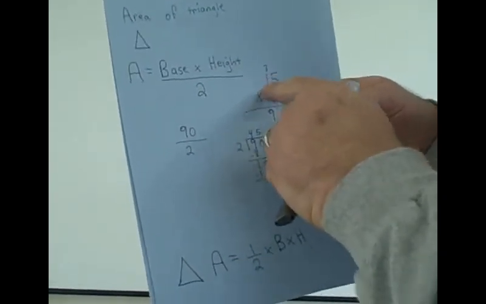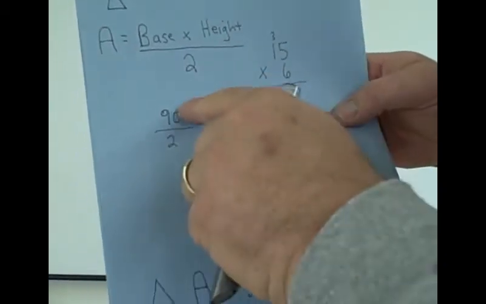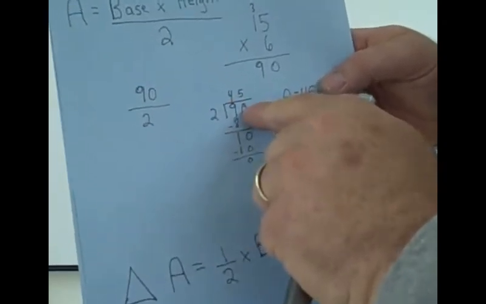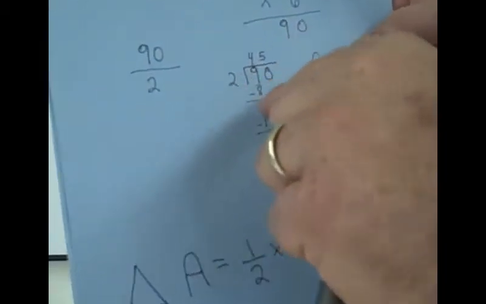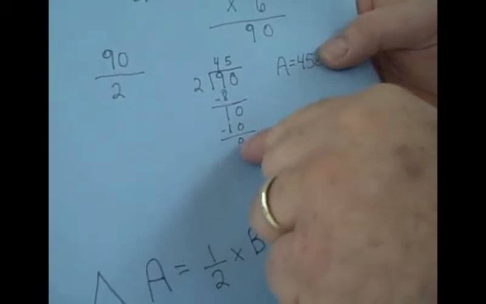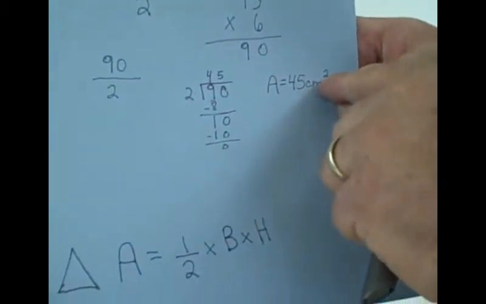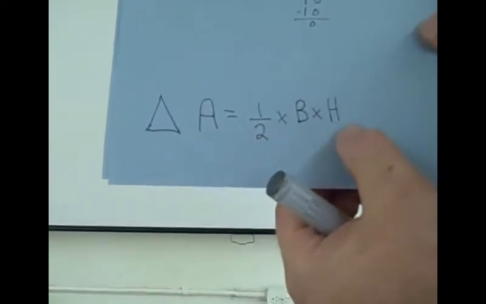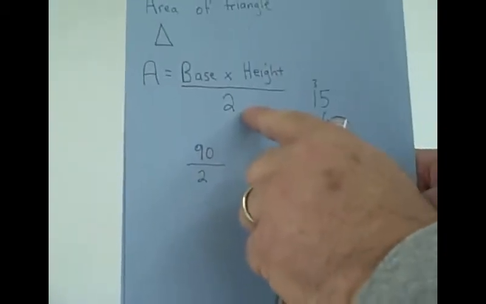We multiplied 15 times 6, we came up with 90. 90 divided by 2. Cowboy goes on the inside, the horse goes on the outside, 2 goes into 45 times, remainder 0. Area is 45 centimeters to the second power. And there's our formula. Area equals 1/2 times base times height, or base times height divided by 2.